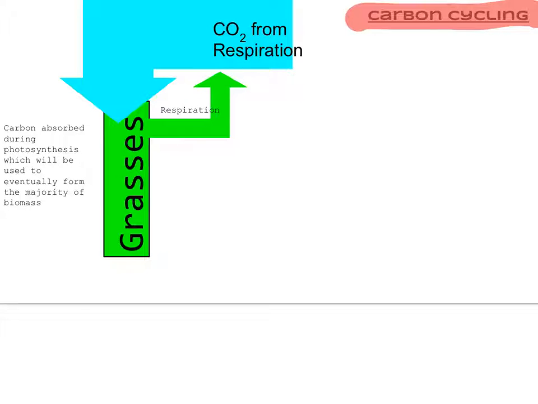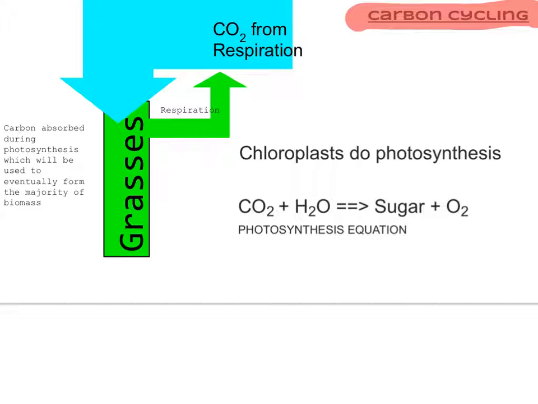Now, the reason we're starting with a plant is because plants do something special that animals cannot do, and that is photosynthesis. They have these organelles called chloroplasts, as you might remember, and these chloroplasts have the ability to take CO2, water, and sunlight and make sugars out of that.